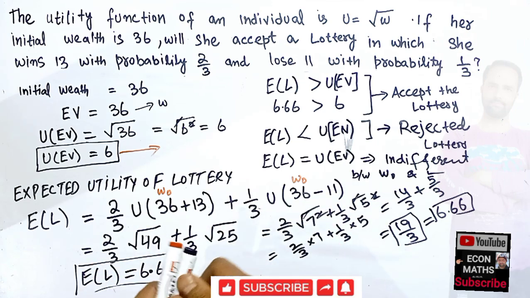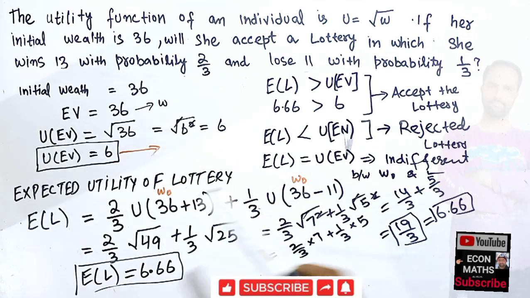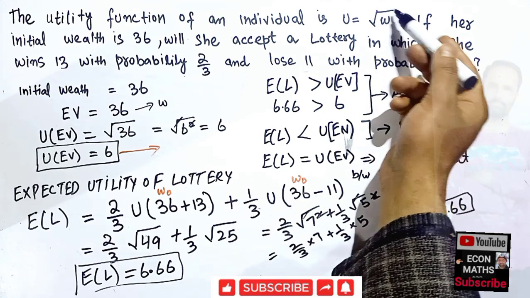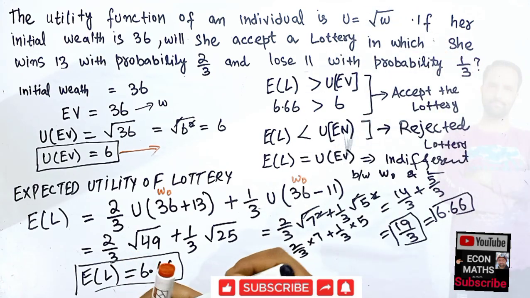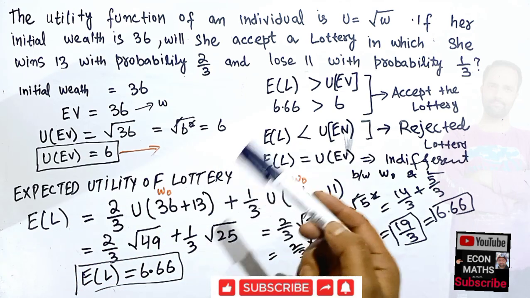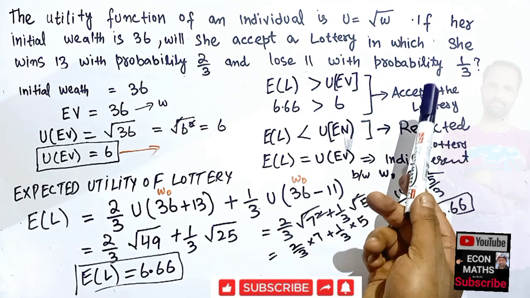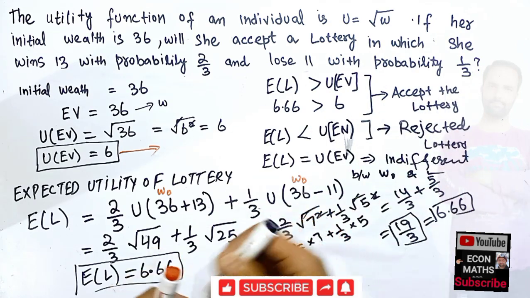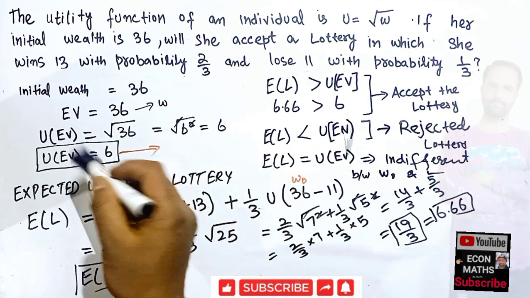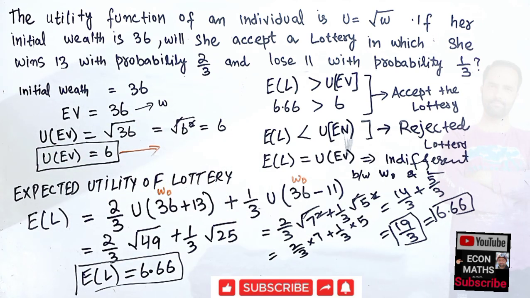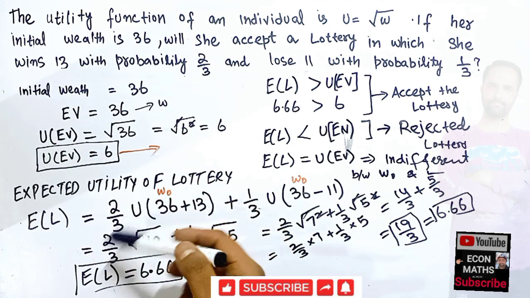So the question was, we were given the initial wealth and the utility function u = √w. We were asked whether she will accept this lottery if she wins 13 with probability 2/3 and loses 11 with probability 1/3. First we write her initial wealth, which is 36, also the expected value of the wealth here.